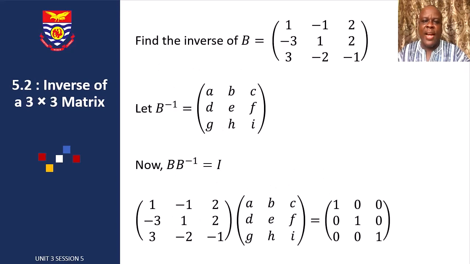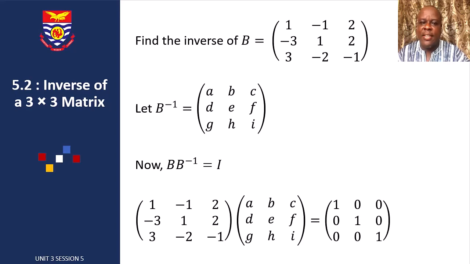Let's now look at the inverse of a 3 by 3 matrix. Given the example, find the inverse of B, which is equal to [1, negative 1, 2; negative 3, 1, 2; 3, negative 2, negative 1]. As usual, we'll assume the inverse of the matrix B to be [a, b, c; d, e, f; g, h, i]. Then the matrix times its inverse will give us the identity matrix.